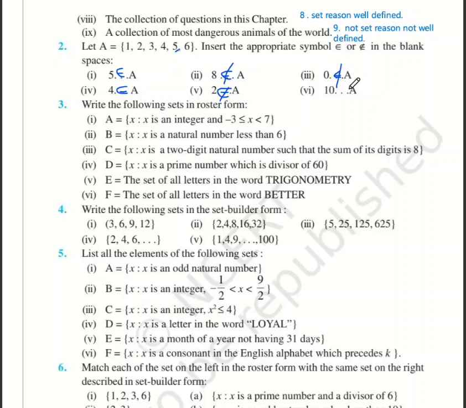And 10 is not in this set, so this is not epsilon. Sorry for that, 2 is there, so this is epsilon.